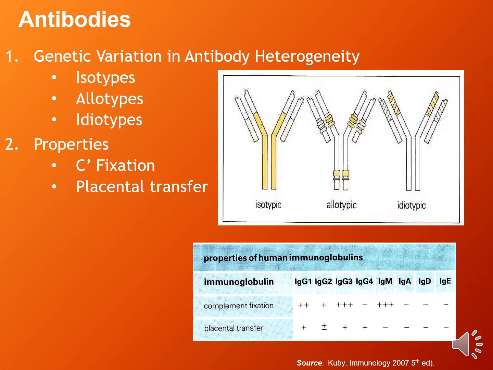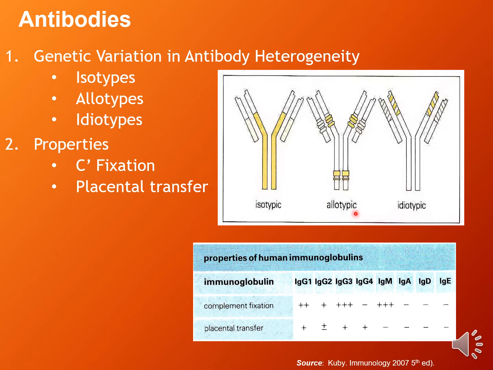Next slide. This pertains to the heterogeneity of the antibody molecule. So that means heterogeneous, meaning they represent many different appearances. Under this, we have isotypes, allotypes, and idiotypes. The isotype is the kind of antibody that is found in the same species.